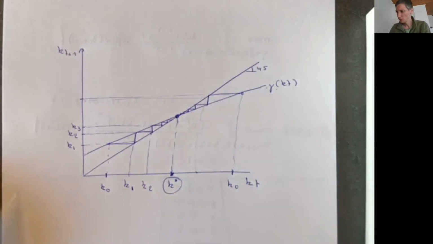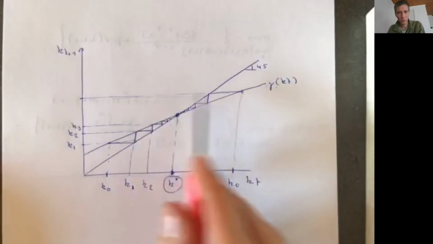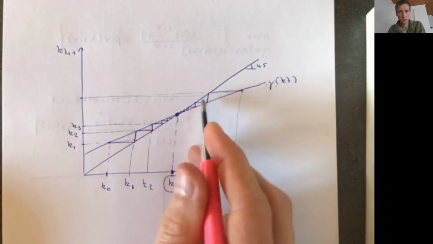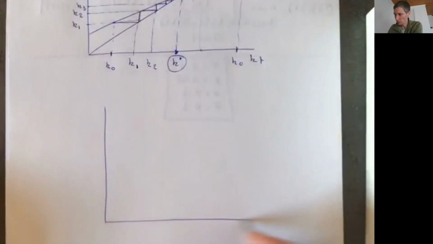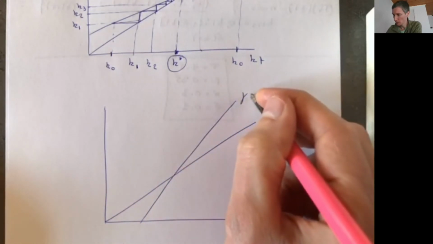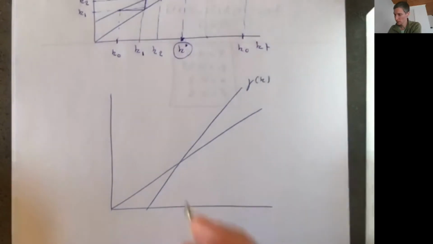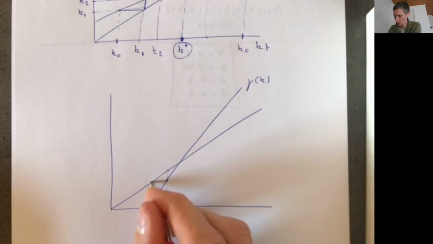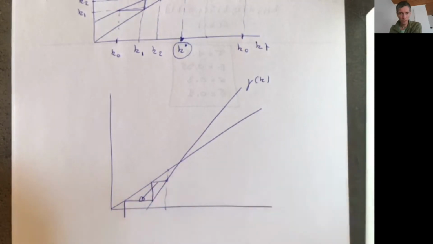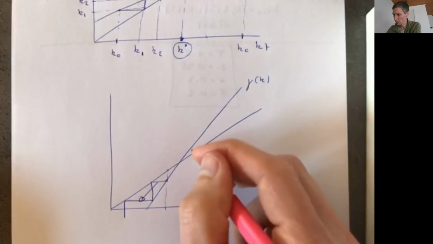Right, so using this kind of figure, you can look at the dynamics of the model and you can see whether it converges to a stable equilibrium or not, right? So if, for example, this would have been my gamma k, then starting at some point here, I would have decreased my capital stock in the limit.